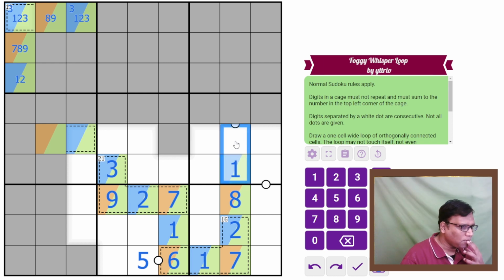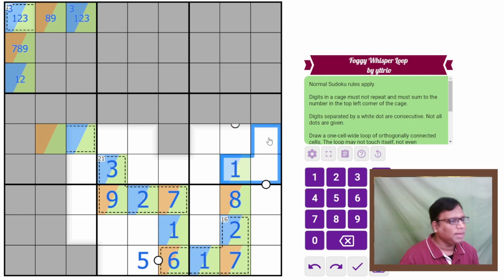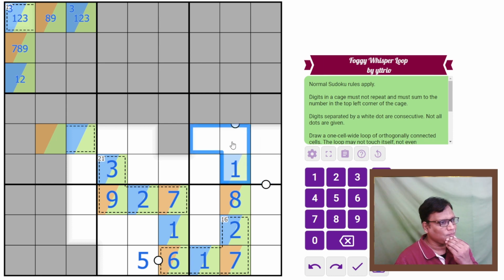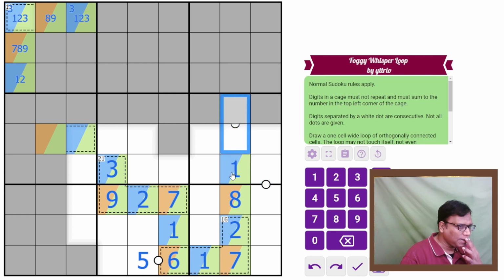Now from where will it go? It can go like this also, and it can go like this. If it is going here, it is definitely going like this. Yeah, it can go also like this. And these are continuous, so it is not going.